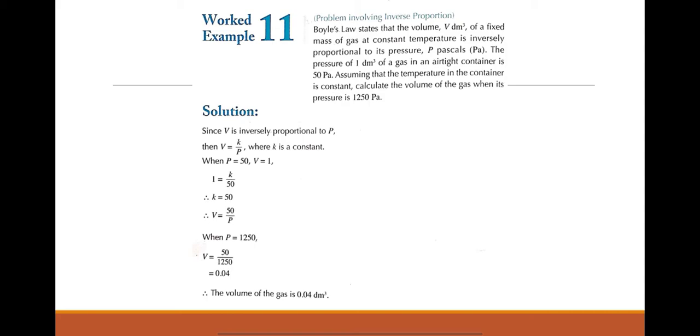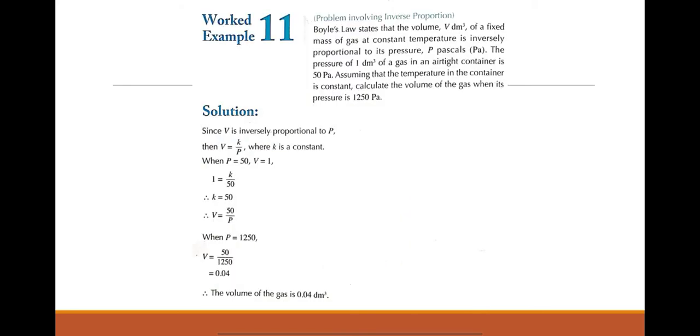It can be the other way around. So you can write V equals K over P here, or you can write P equals K over V. It's up to you, and the answer will be just the same at the end. Because they say here V equals K over P, we just follow.